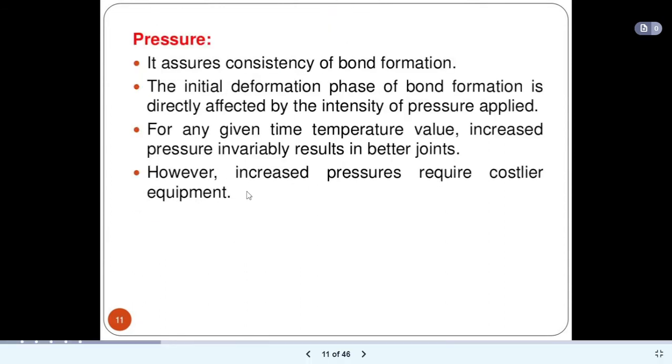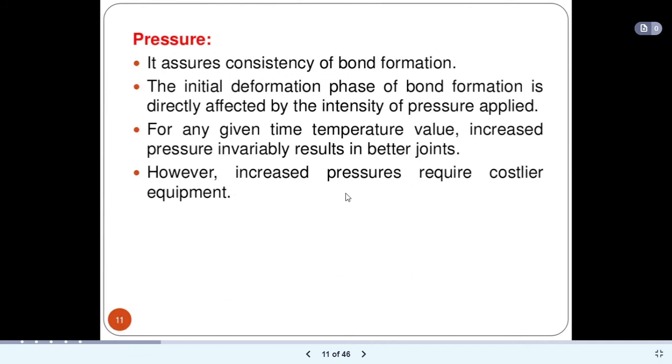Here, pressure. The first thing we have to consider while diffusion bonding is that it assures the consistency of the bond formation. The initial deformation phase of the bond formation is directly affected by the intensity of the pressure applied. For any given time and temperature value, increased pressure invariably results in a better joint.